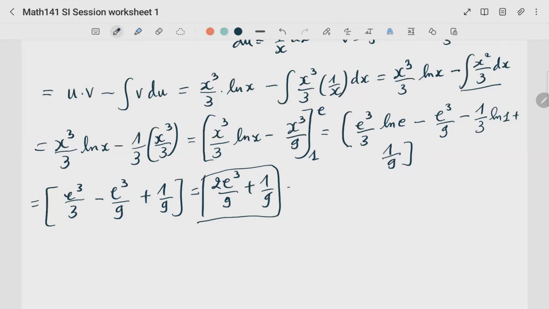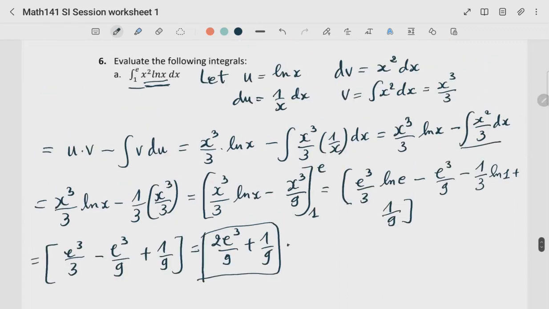Any questions? Any comments? Again, like I've said, yeah, go ahead. Can you please explain the step after you integrated? I'm not sure where it's G. Oh, nine.